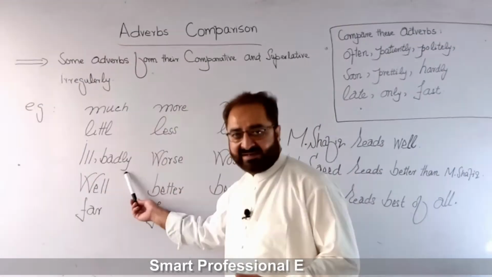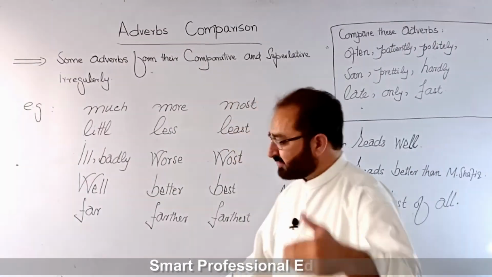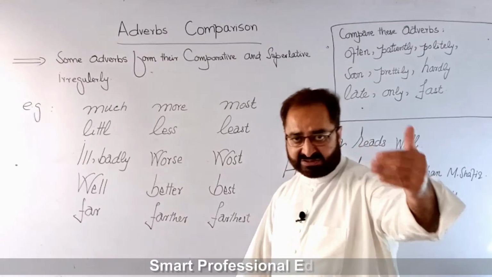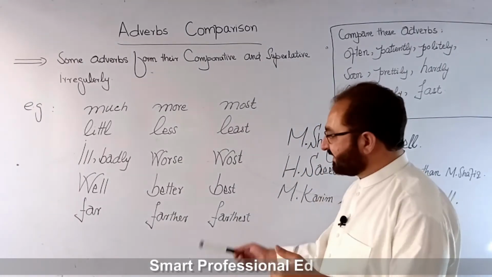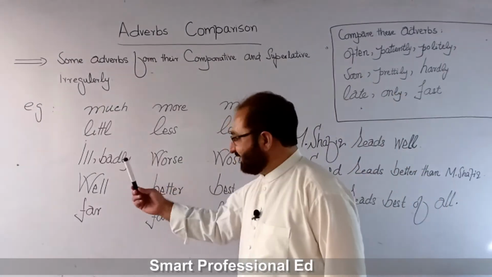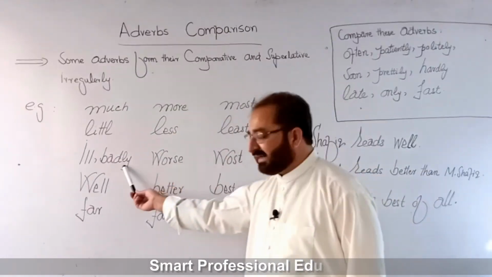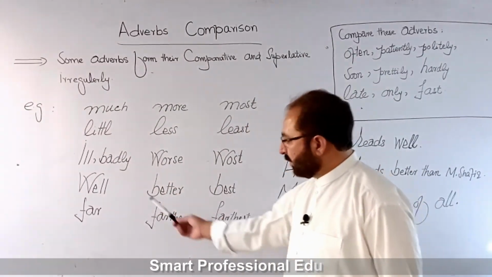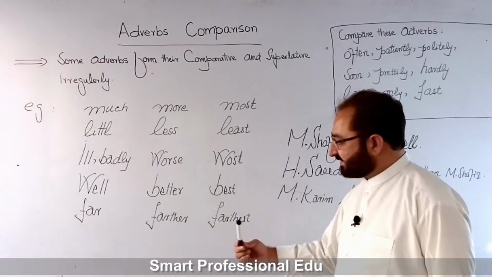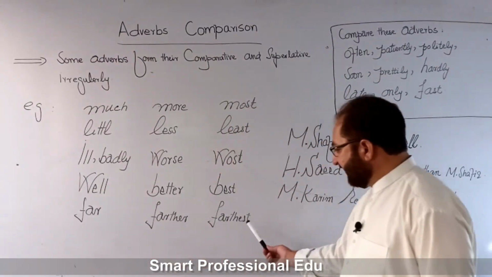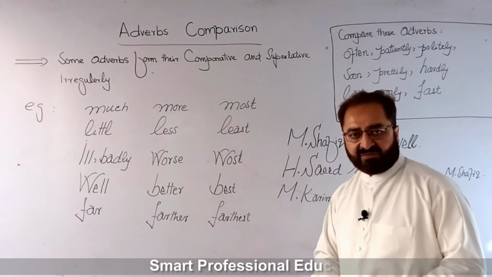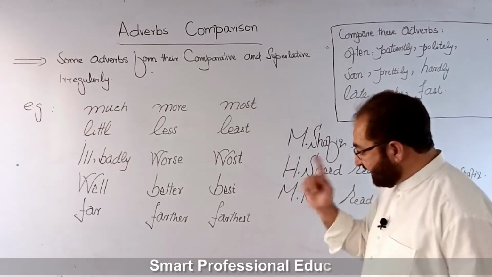Ill and badly are different words, but their comparative and superlative become the same way: worse, worst. Well, better, best. Far, farther, farthest. Far, further, furthest.